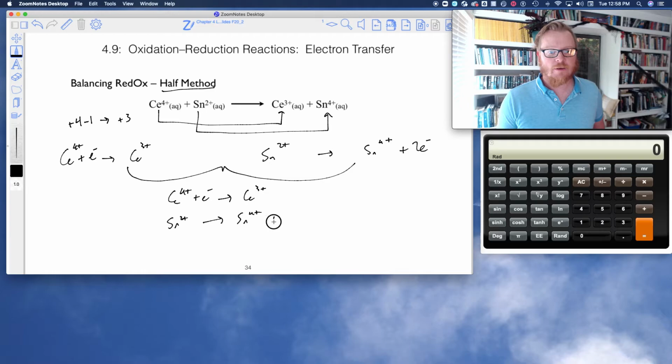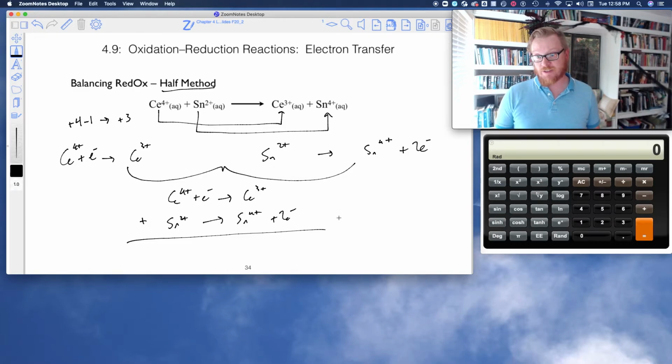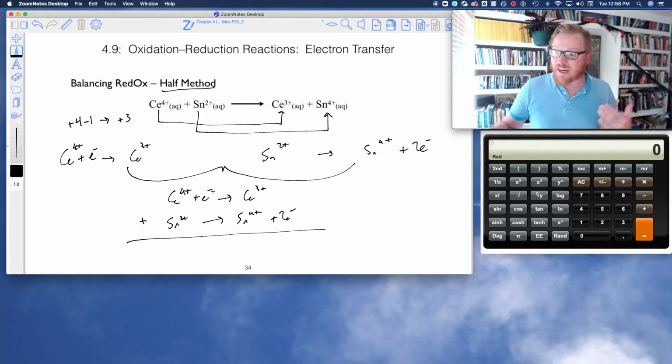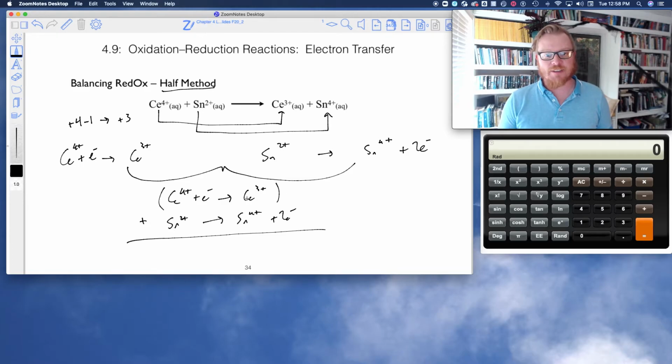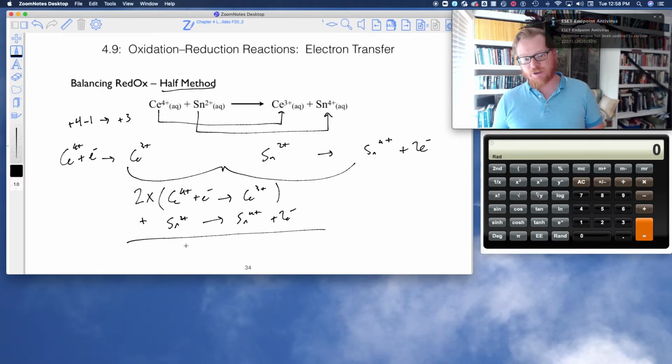Okay? But what I want to do to balance this is I have to balance the electrons. Okay? So I've got 2 electrons on this side, but only 1 electron on that side. So I'm going to need 2 electrons in total. And the way that I do that is not just by putting a 2 right here. I have to say times 2 of the entire reaction.